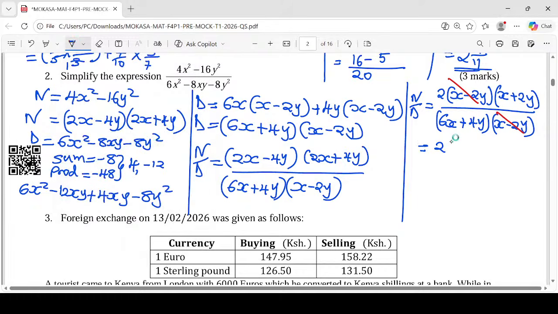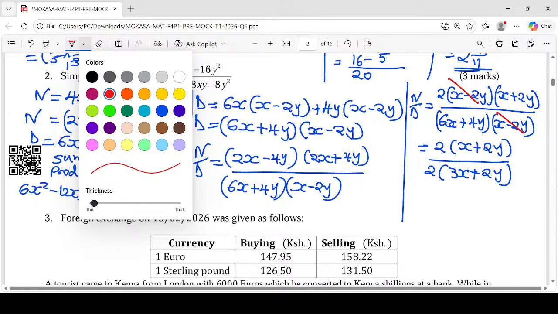2 into x plus 2y all over 6x plus 4y, but still 2 is common. We can factor out the 2 into 3x plus 2y, whereby again, at that particular point, the 2 and the 2 can cancel out.